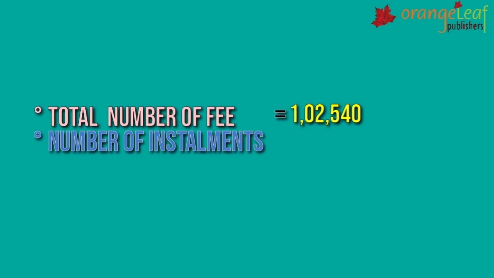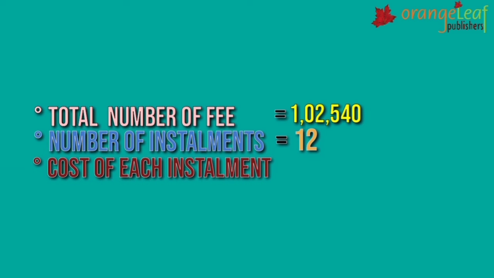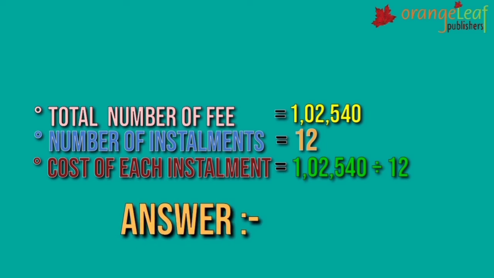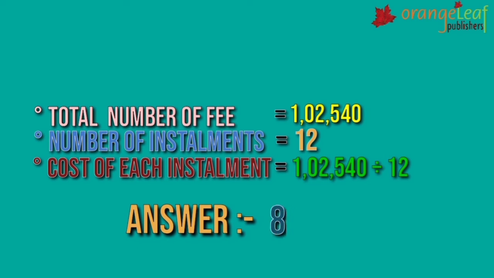The total fee is 1,02,540. Number of installments is equal to 12. Cost of each installment would be equal to 1,02,540 divided by 12, which after the process of division would give us the answer as 8,545.